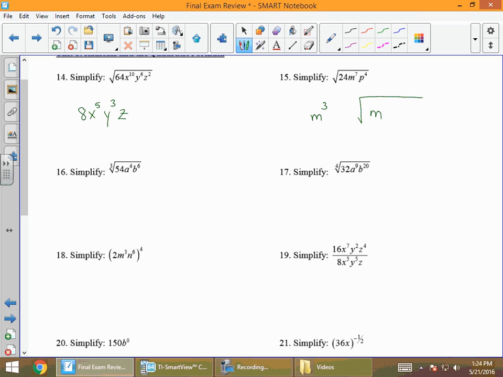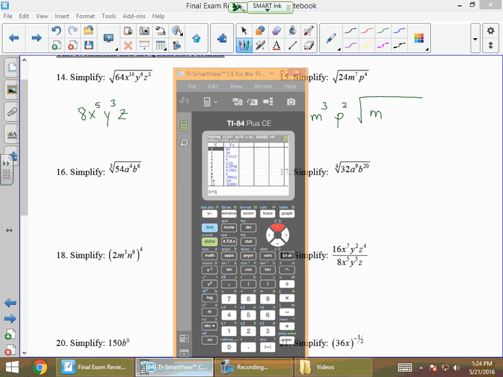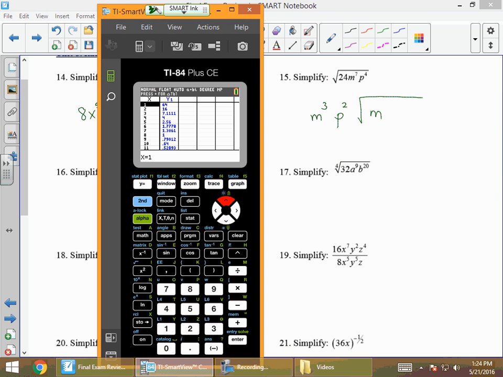P to the 4, 4 divided by 2 is 2. So p squared is outside. And now I have to find the 24. We'll go back to y equals, and we'll do 24 divided by x squared. Looking at the table, I see 1 radical 24, 2 radical 6, and then I see 3 and 2.66, so that wouldn't work.